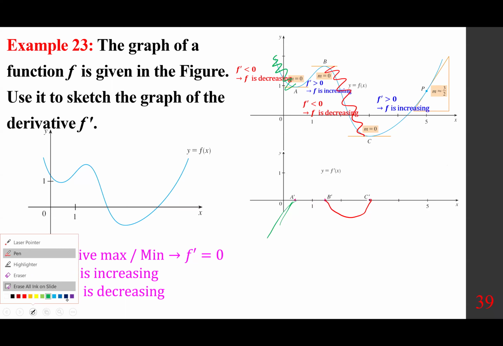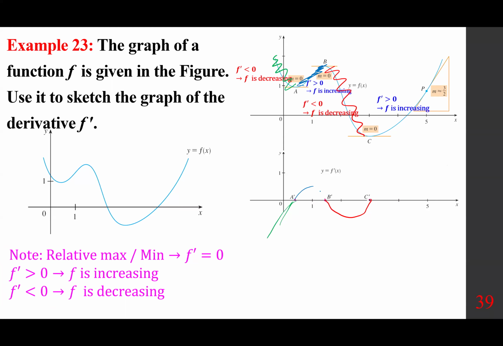Same thing for the increasing part. First, I want to look at this part. It's between A prime and B prime, and it has to come back to 0. And then this part, increasing, is somewhere up.